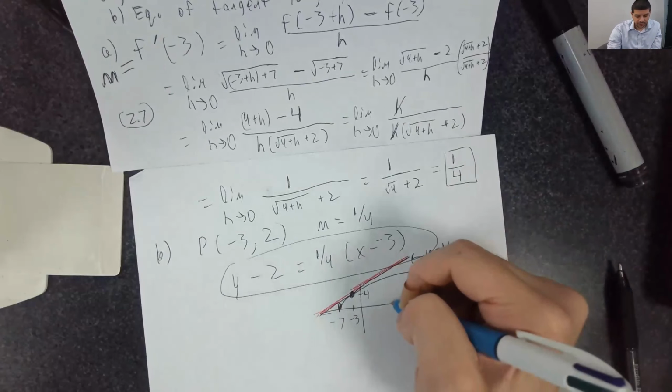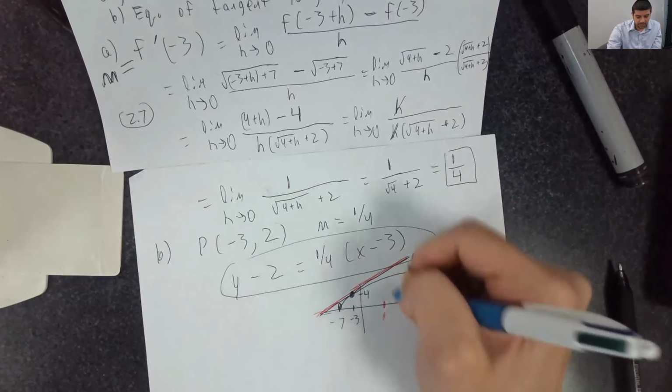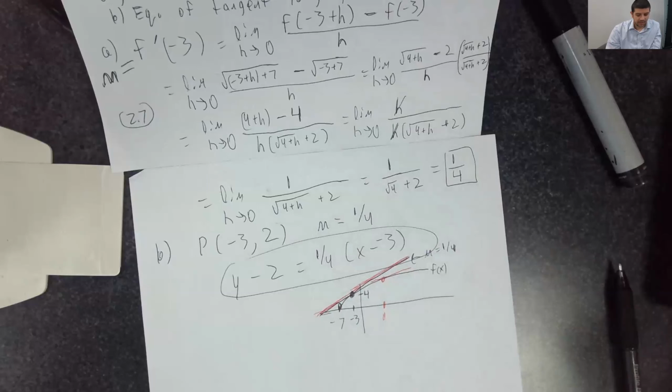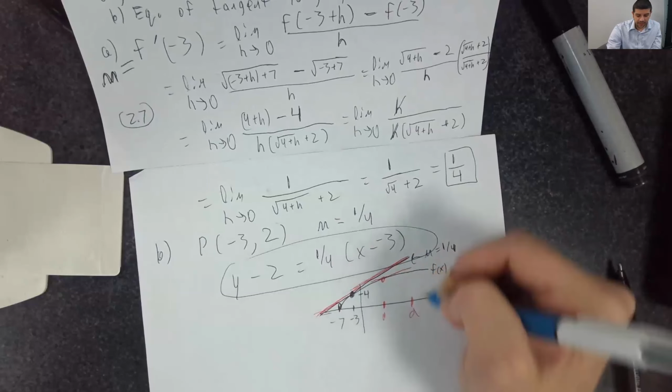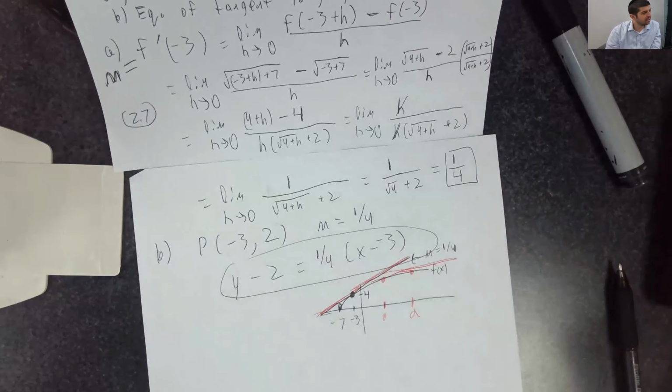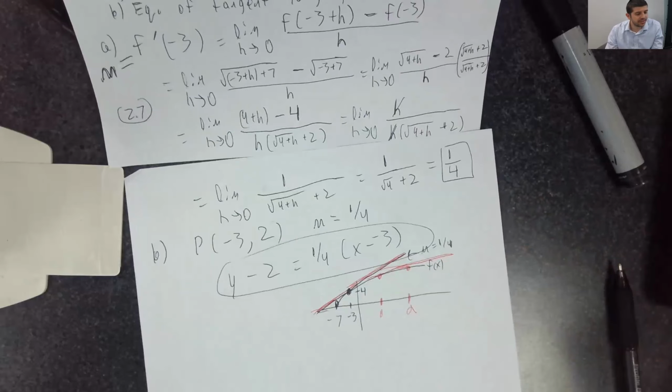But they could ask you for any other point and make a tangent line for any other point. And for any value a, we can get a tangent line to the graph at any value a. So it really doesn't matter.